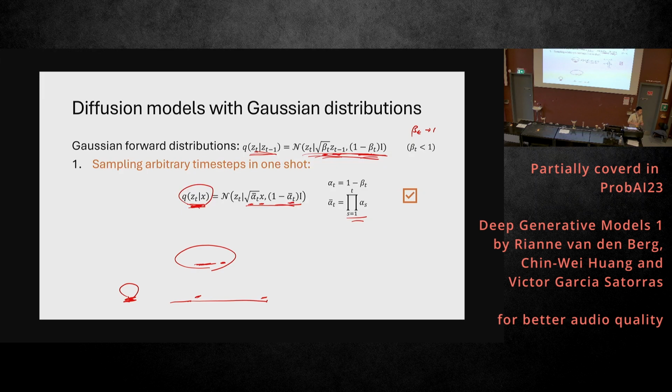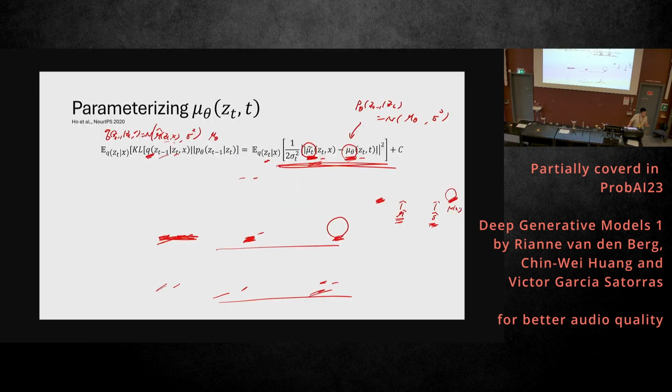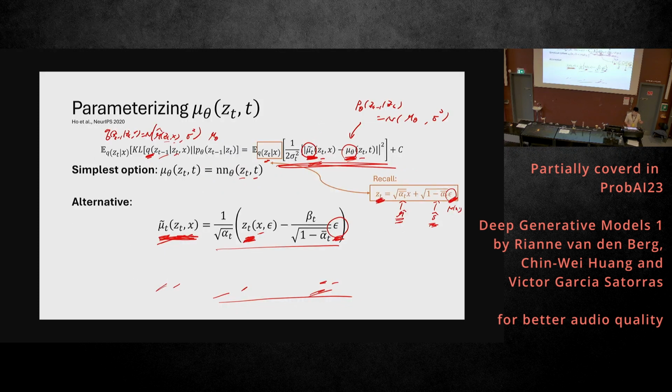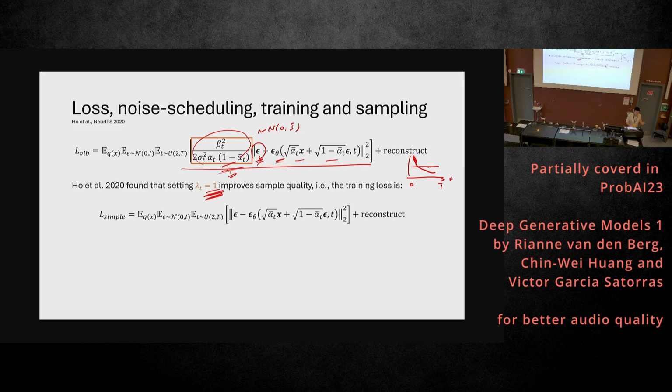So in the modeling part, we will still have this beta that we multiply, and all of these constants. It's just in the loss that we set everything to 1. So we set lambda t to 1 in the loss terms. That's why it's not a lower bound.